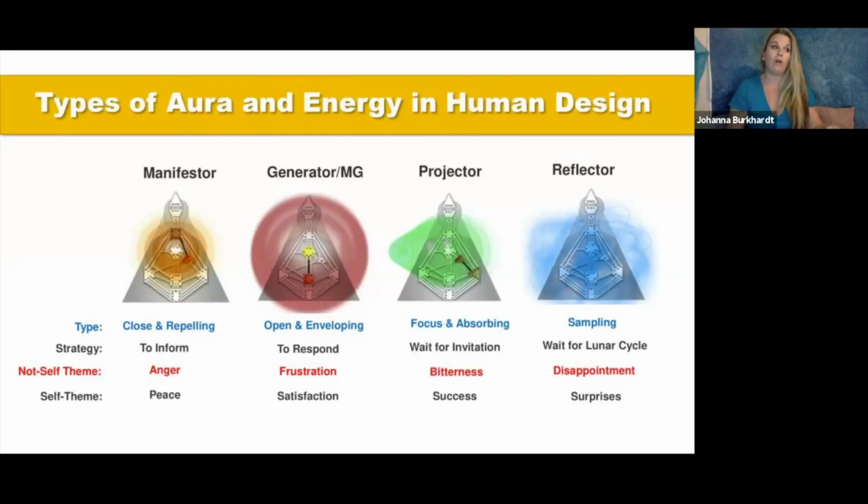And we are all, even if you're a generator and you're 70% of the population, still unique in the way that you do things. So you need to understand how your energy works. It is your superpower. It is your ability to guide your vessel appropriately, how to be healthy, how to have good relationships. Again, why we say when you heal yourself, you heal the world.